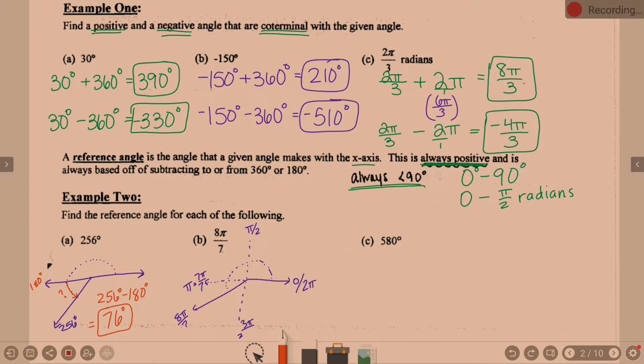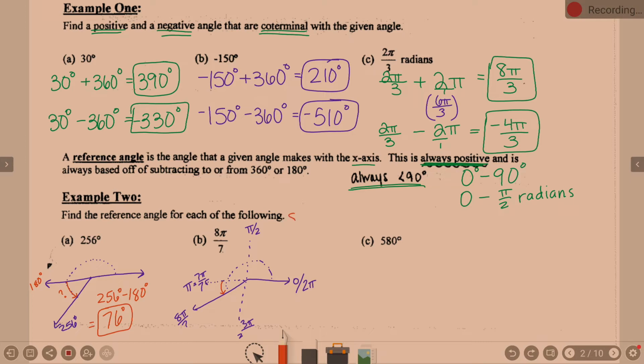What do I need to know? What's my reference angle? How far is this from the x-axis? In terms of going from the x-axis, again, it is closer to 180. But we're not going to call this 180. We're going to call this pi, also 7 pi over 7. So what am I going to have to do here?